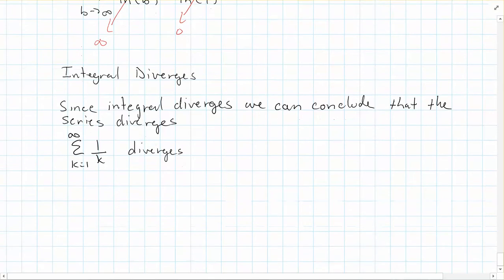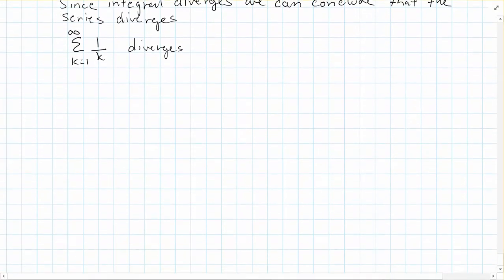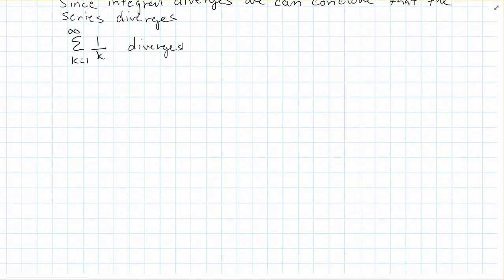So let's look at why the integral test actually works here. We're actually going to go ahead and prove this a little bit. We'll do this simple case with 1 over k. Well, we won't necessarily do 1 over k here.